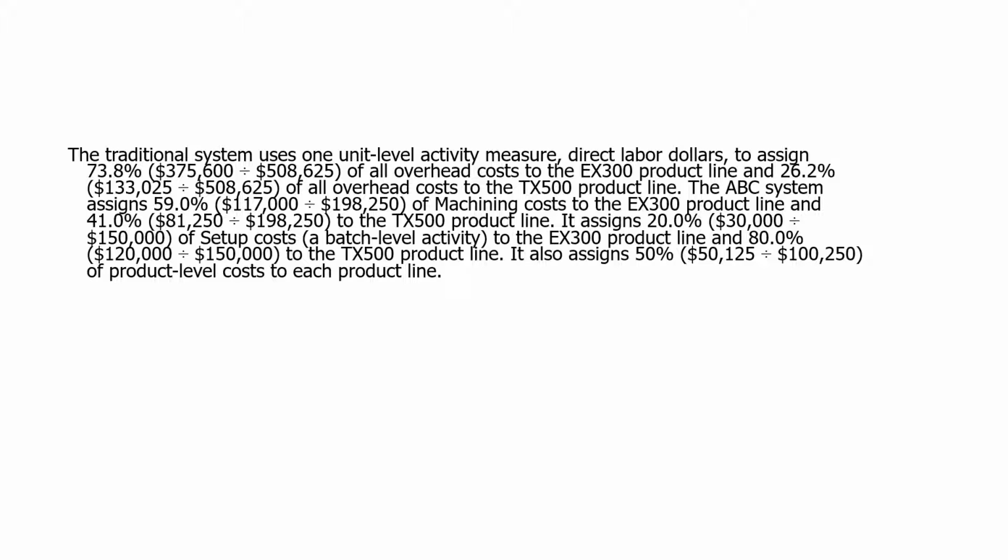The ABC system assigns 59% of the manufacturing overhead based on machine costs, product line, and the different activities. Okay, so you could read through that, but it's just because of drilling down, separating the cost by activities, there's a better allocation, a more accurate allocation of actual manufacturing overhead costs to produce each product.